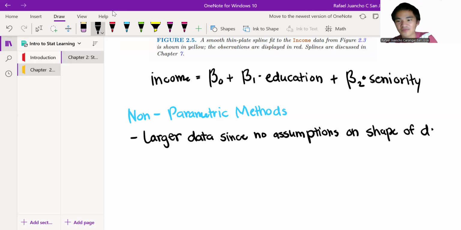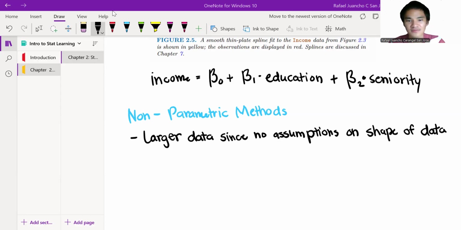This is more effective when we're given a large number of data points. Yeah, pretty much that's it.